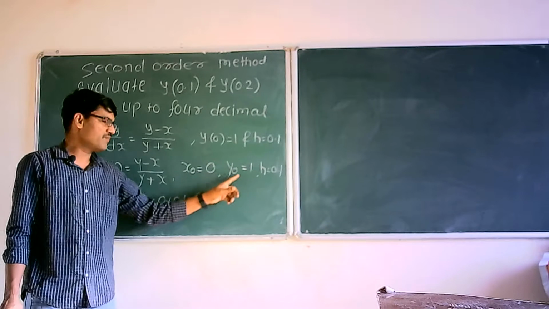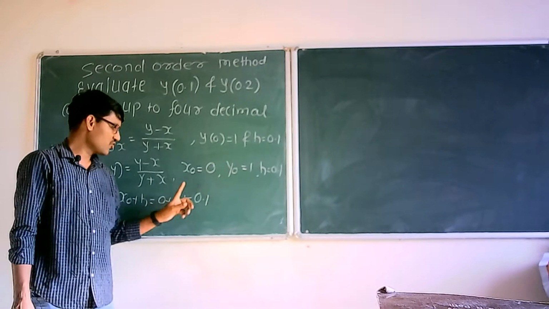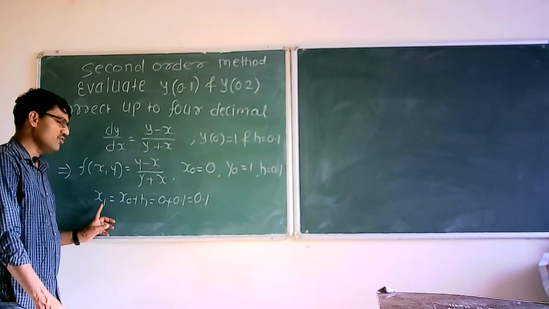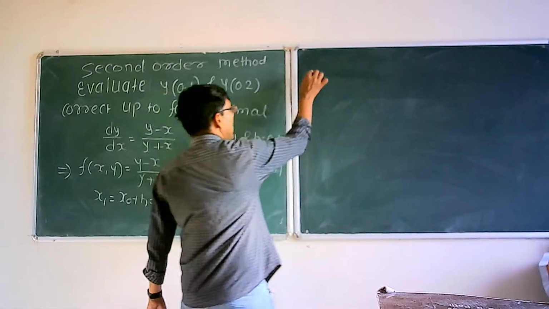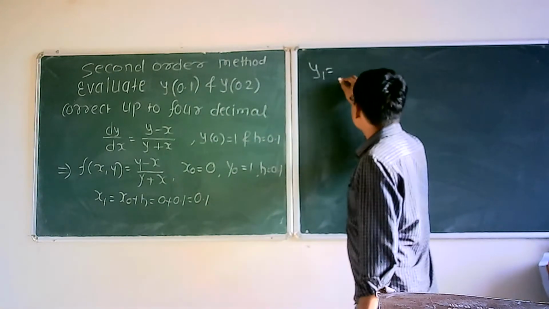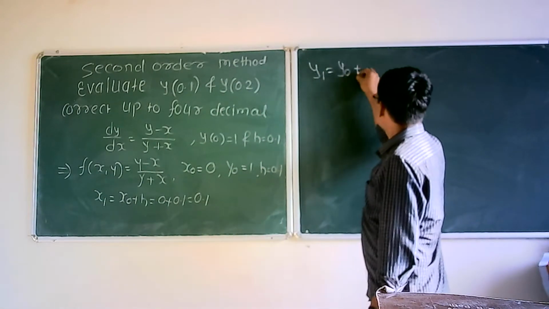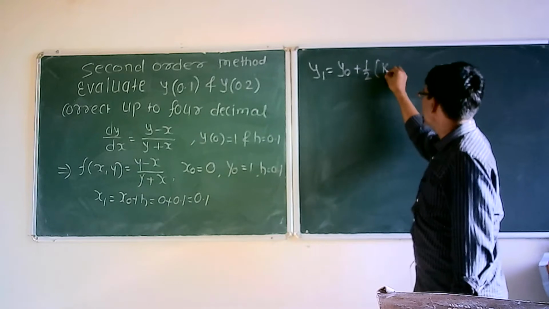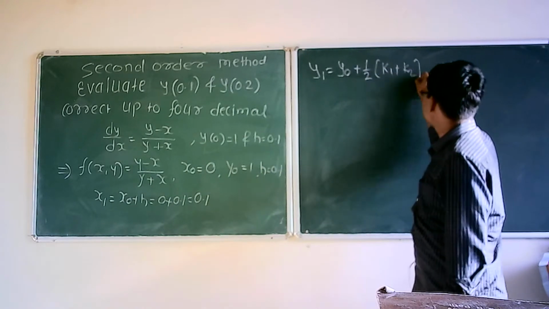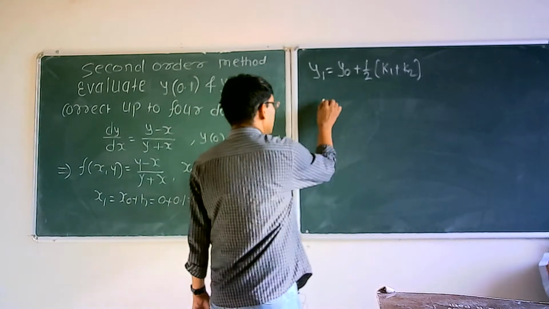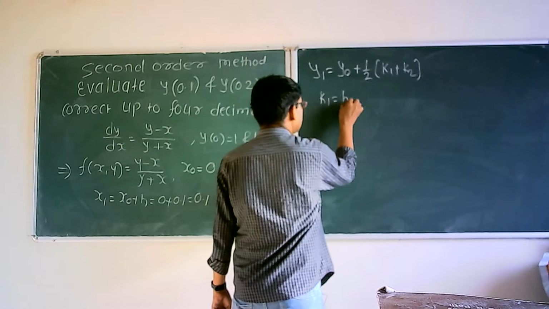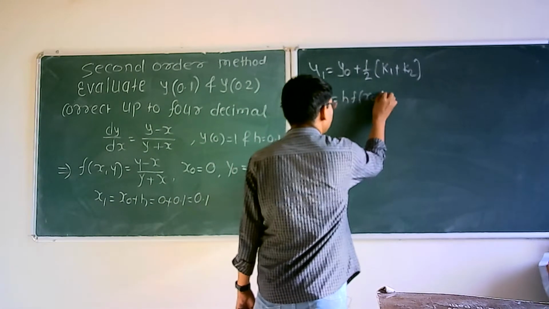So y1 gives a value at x1, that is what we want to determine, y of 0.1. So what is y1? By the second order Runge-Kutta method, y1 is y0 plus 1 by 2 times k1 plus k2. Very simple. This is the formula for Runge-Kutta second order method. So here k1 is equal to h f of x0 y0.